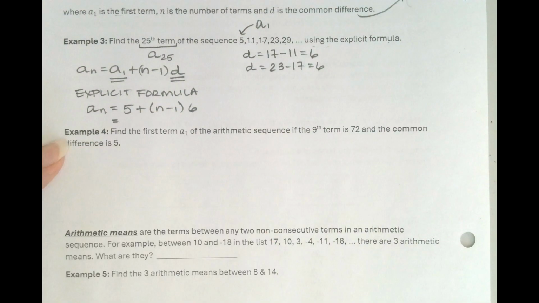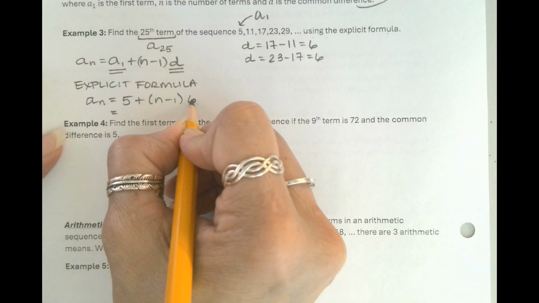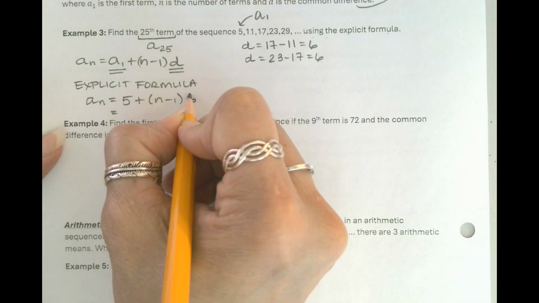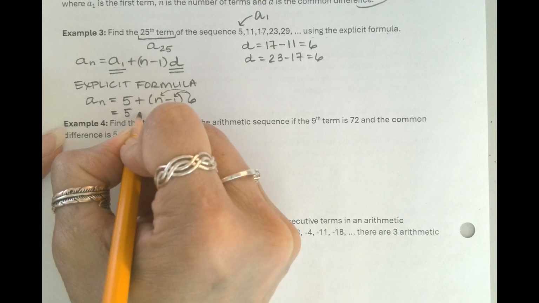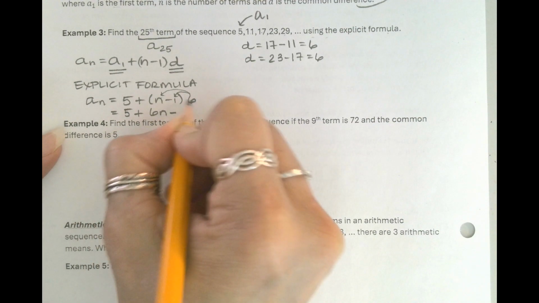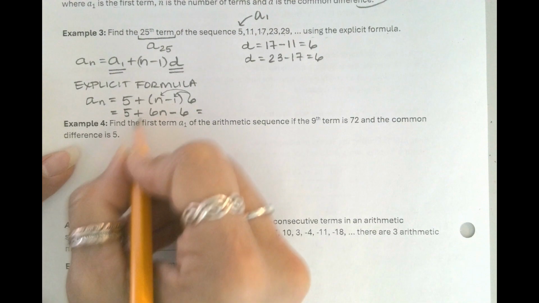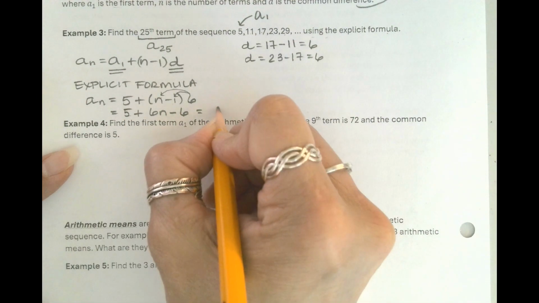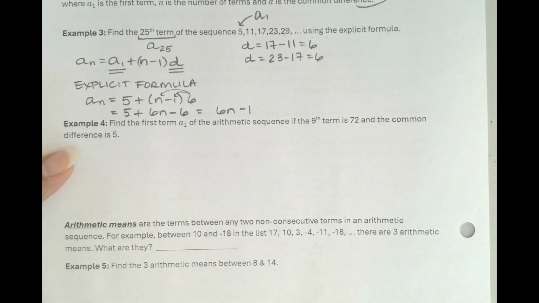I'm going to get rid of my parentheses by distributing, because order of operations says to do parentheses first. That implies distribution. So the 5 comes down, plus 6 times n is 6n. 6 times negative 1 is negative 6. And if I combine my like terms, I get 6n minus 1, or negative 1 plus 6n.